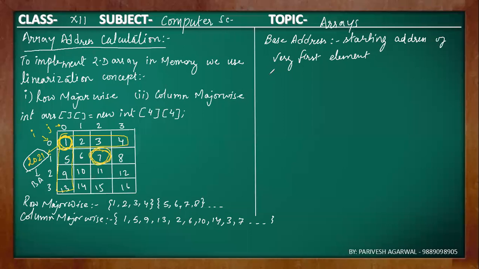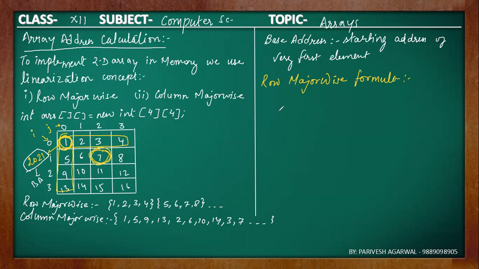Now let's see, students, the linear form that is row major wise, the formula. The row major wise formula for array address calculation is as follows.